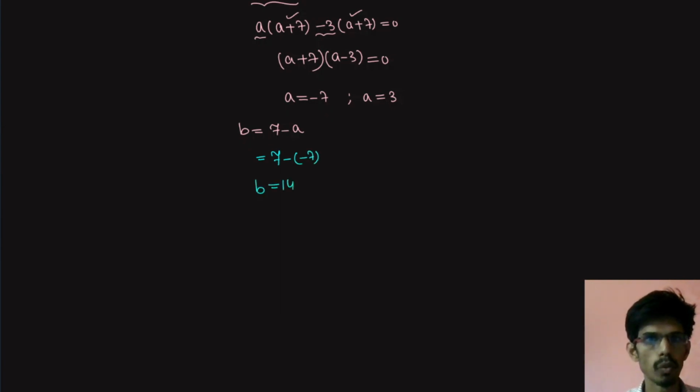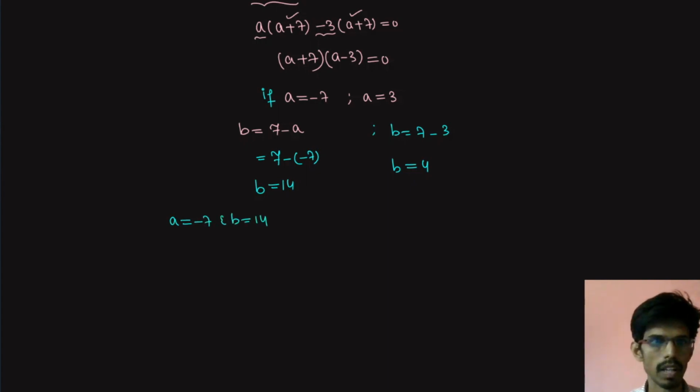The b value will be 14 if a is minus 7. Otherwise the b value will be 7 minus a, which will be 3 here, so I'll get 4. So we have two values of a and b, that is a is minus 7 and b will be 14. Let us take this as case 1.